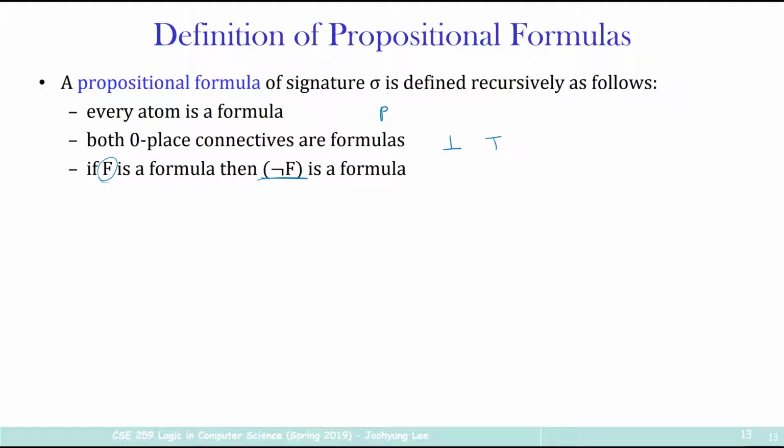In other words, if you want to say that something of the form negation of f is a formula, then you have to make sure that f is a formula. So it's actually going both ways. If you happen to know that f is a formula, then you can find another formula by putting the negation and the open and closing parentheses. That gives you another formula.